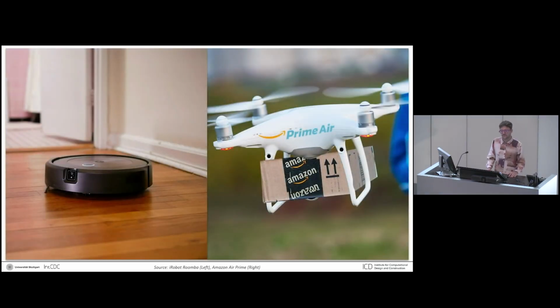So to explain what collective robotic construction is, I generally like to show these two images because they're robots that you might have seen before and are the ones that are of interest to me. And they are mobile machines, which are relatively small, fairly cheap, easily transportable, and can navigate in their own environments.